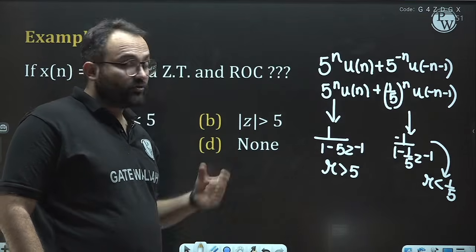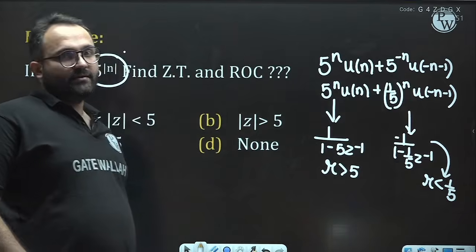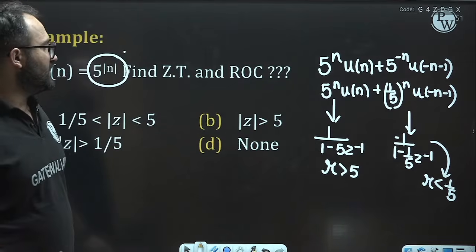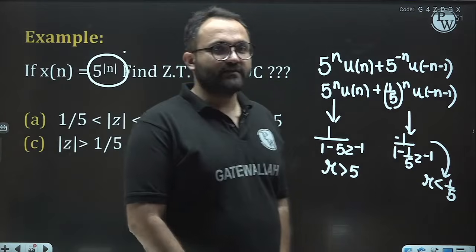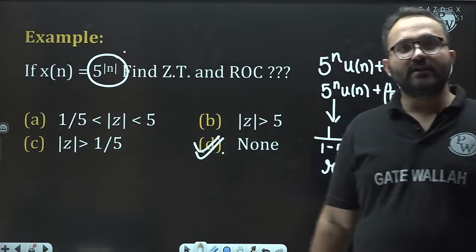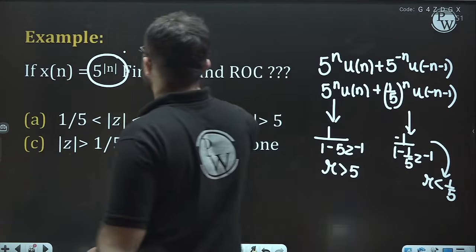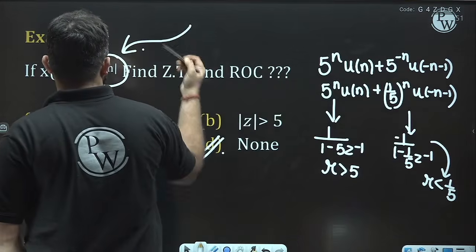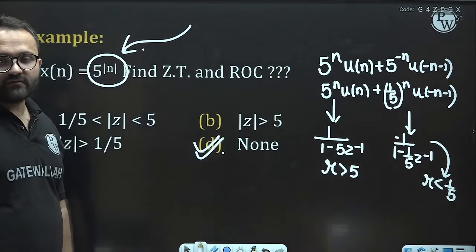So we can see that there is no common ROC, there is no common region where these two can be satisfied, so the Z transform does not exist. Remember this, the Z transform of this signal does not exist.